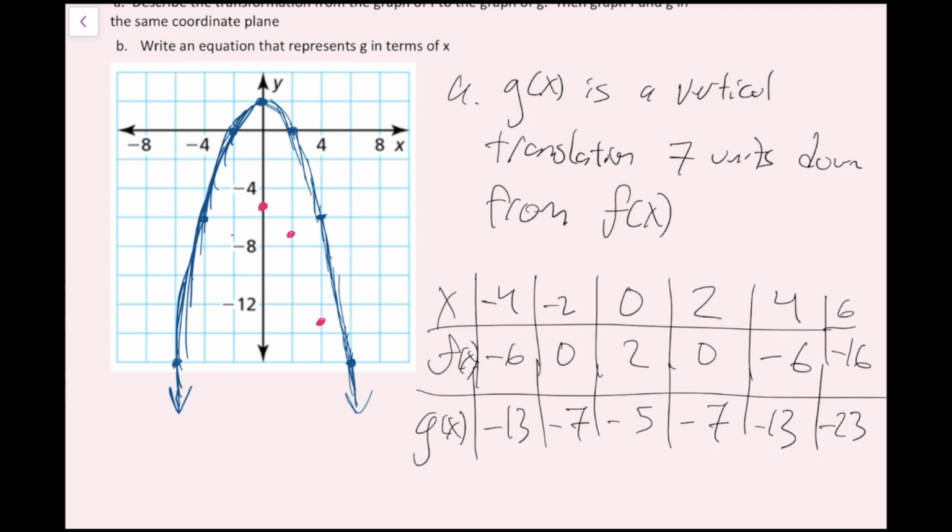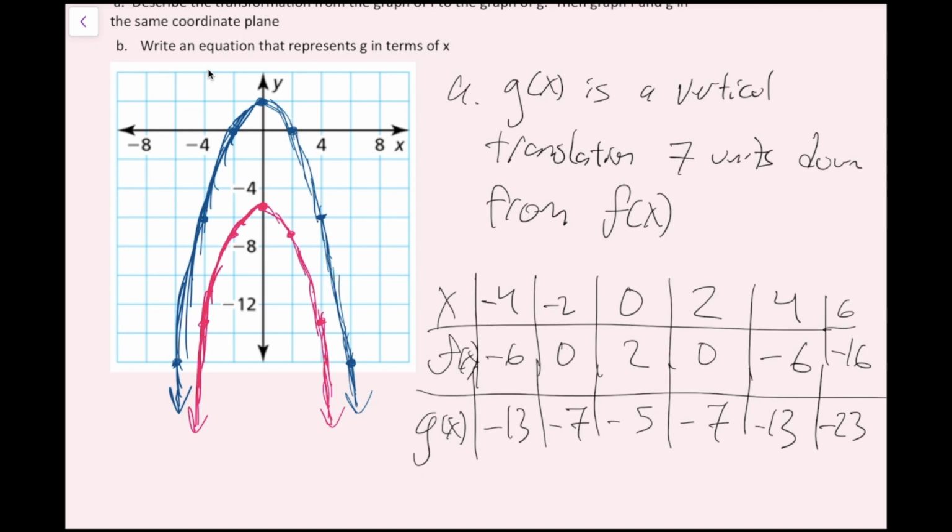And then I'll draw these symmetrical points based on my axis of symmetry. I'll sketch my curve. So we can tell that I do have my vertical translation of 7 units down. So this point is 7 units down from this point, 7 units down from this point, and so on with all these points.